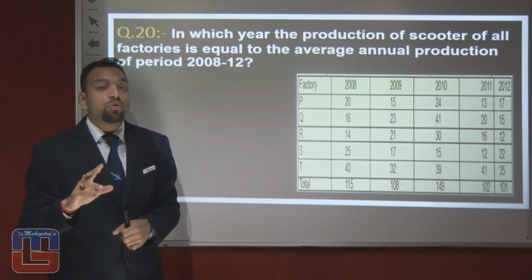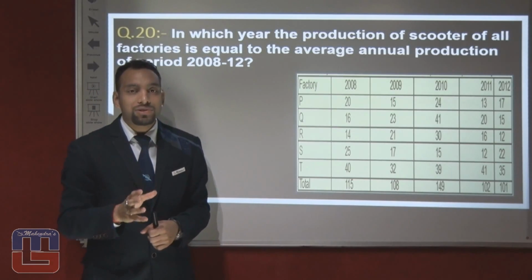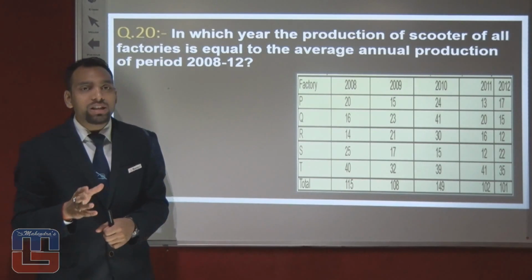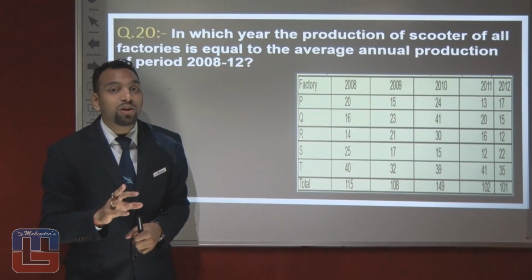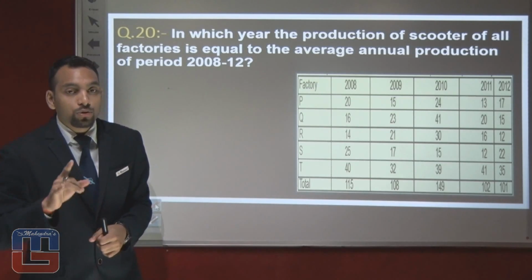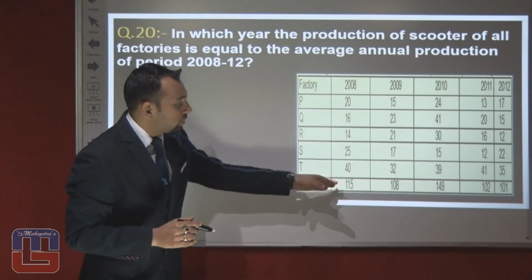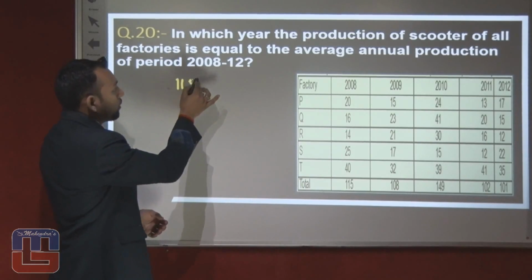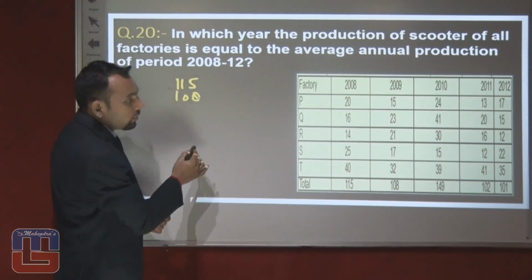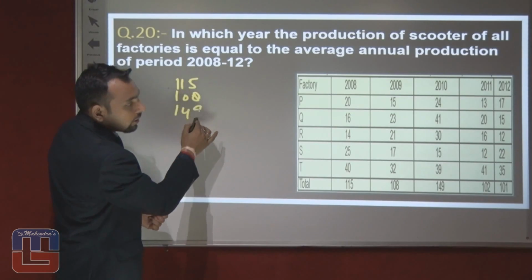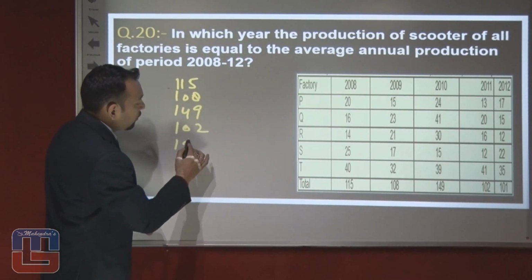Now see how we will calculate. Firstly, we have to understand what the question is saying. The question is saying in which year the production of a scooter is equal to the average annual production. So firstly we will calculate the average. How we will calculate the average? Now see, in 2008 this is 115, in 9 this is 108, and this is 149, and this one 102, and this is 101.